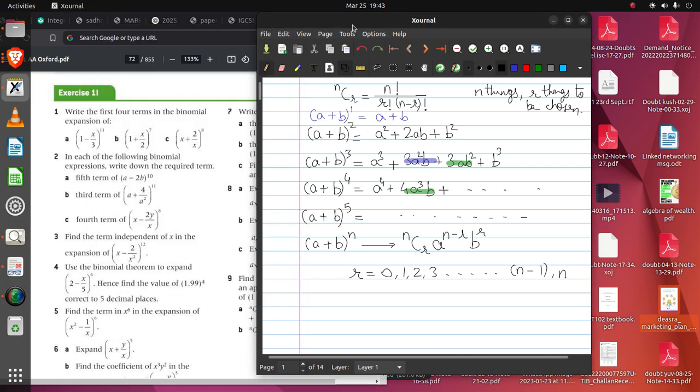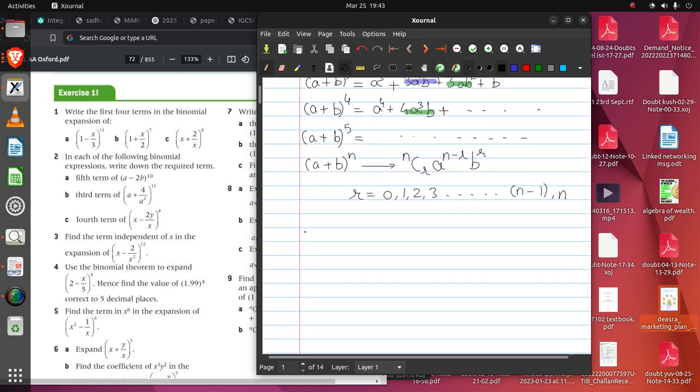With the help of this, I need not write all the terms. I can find a particular term in the expansion. For example, if I have this a plus b raised to 5, and I want to find the first term, then r is going to be equal to 0.